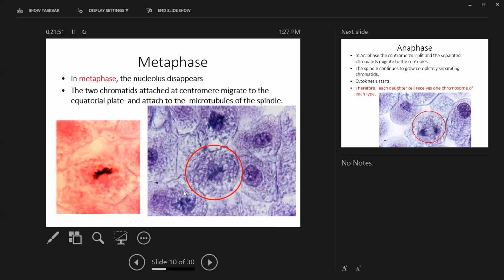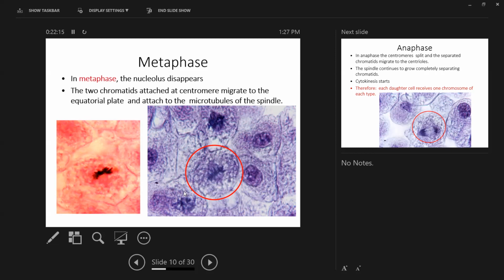They're lined up in the middle. Some are going to get pulled to the left, and some are going to get pulled to the right. Other spindle fibers that don't touch anything are going to be pushing and shoving the cytoplasm apart. As you know, cells tend to get elongated when they stretch out going through mitosis, and it's because the cytoplasm is also being pushed and shoved.